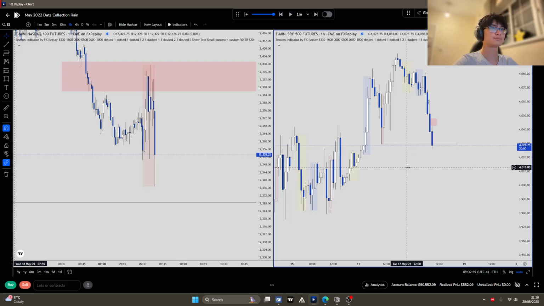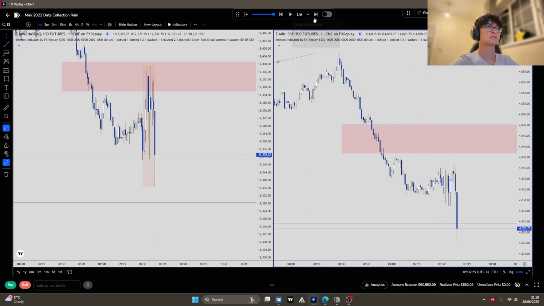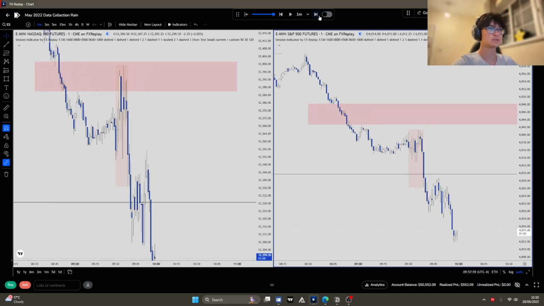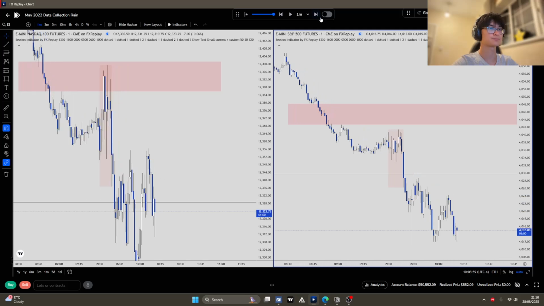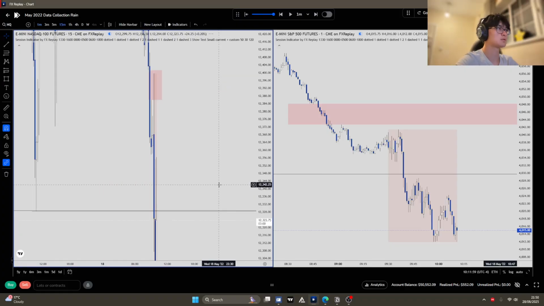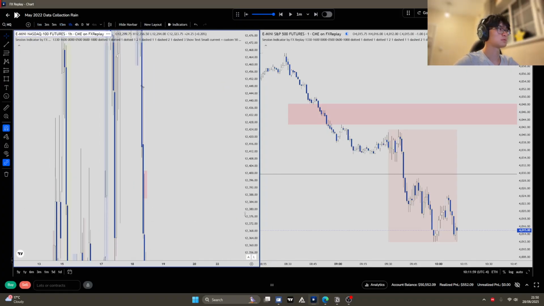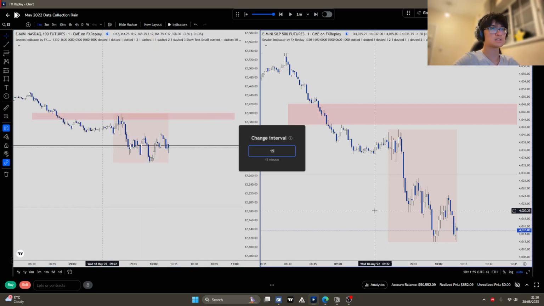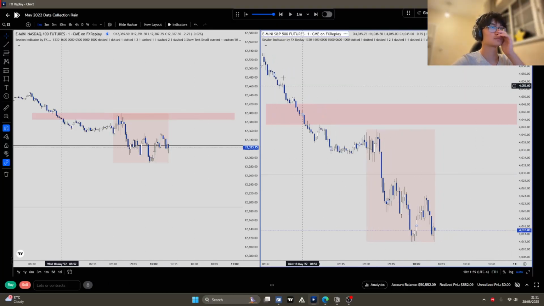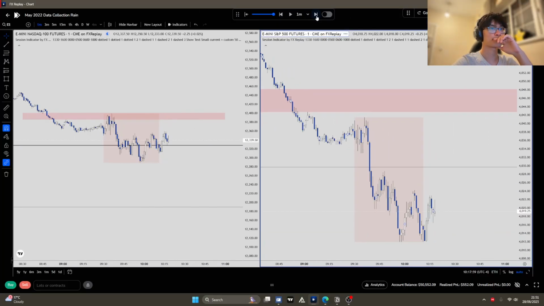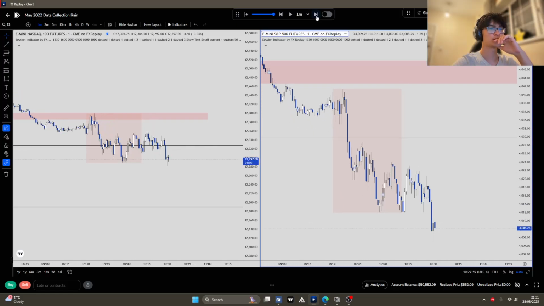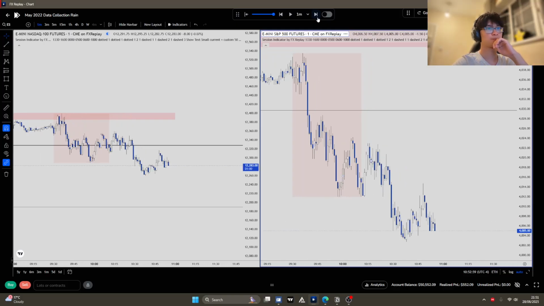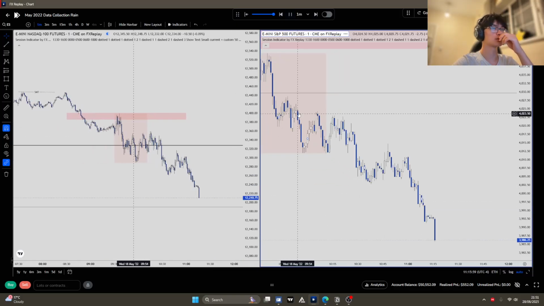Yeah. So let's see what happens here now. I wouldn't be too surprised if we just chop for the rest of the session. Kinda sucks because I'm not getting an entry. Really does. That's nothing.